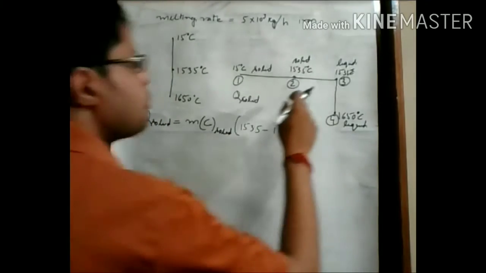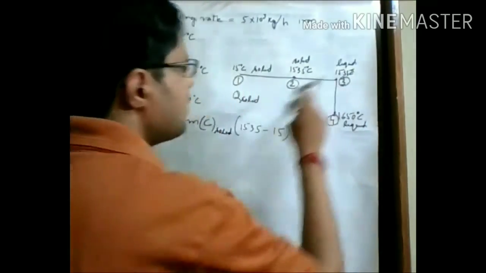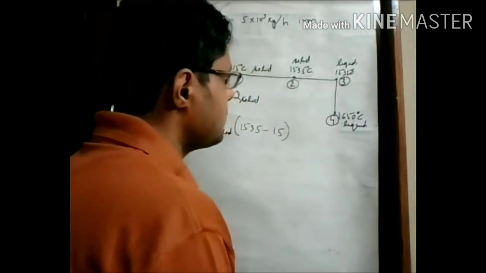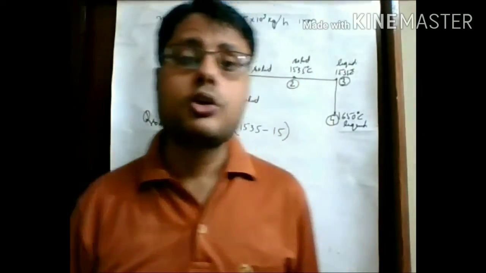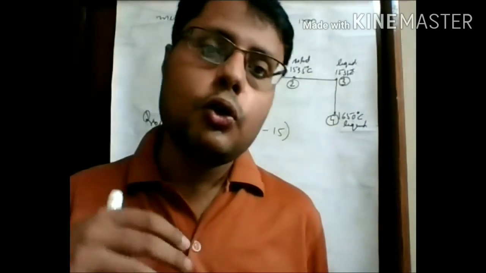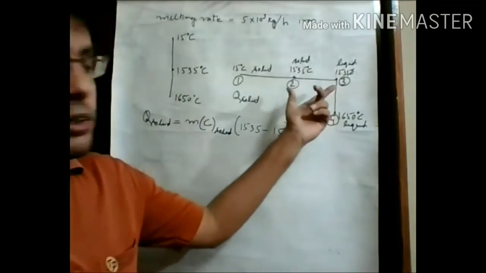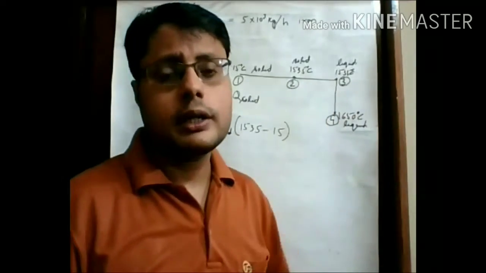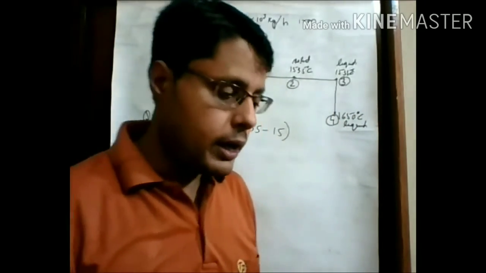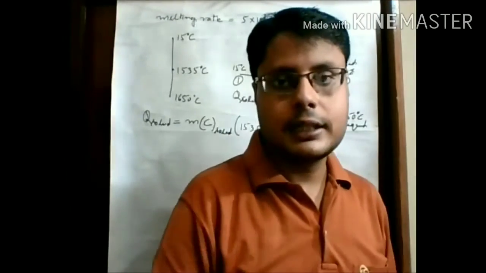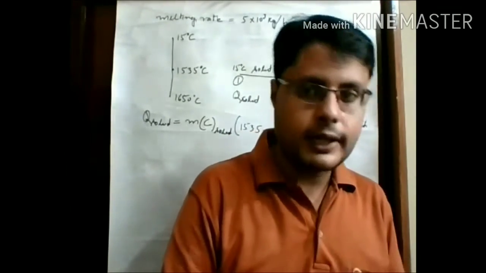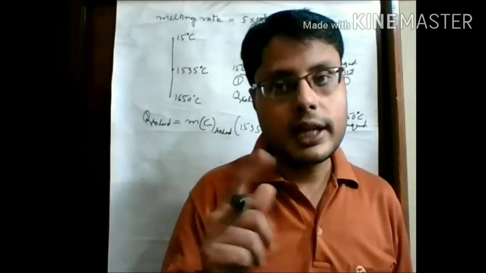And if we talk about this interface, the second to third, in which solid is converting into liquid, in this case temperature is constant and pressure is constant. So, as we already discussed, during a change in phase we use latent heat.